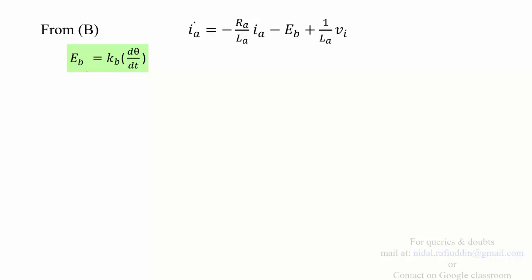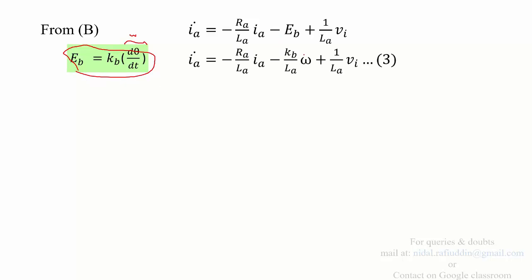This was already discussed in unit 1. This part is omega, and thus you can substitute the value of EB by writing KB times omega. So you get Ia dot equal to, oh, I missed La here, so this should be EB by La.